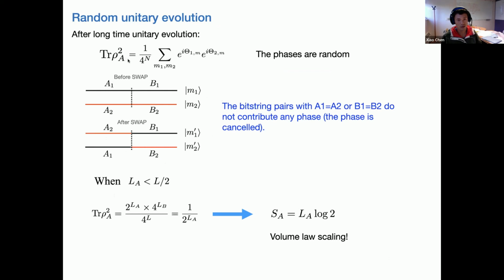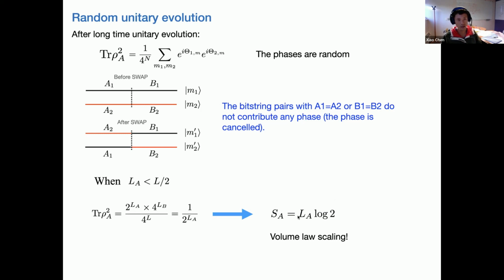Let's consider a special case when L_A is smaller than half of the system. The purity will be dominated by the configuration where A1 is equal to A2. We can show that trace rho_A squared is equal to 2 to the minus L_A, which leads to the maximum volume law scaling.